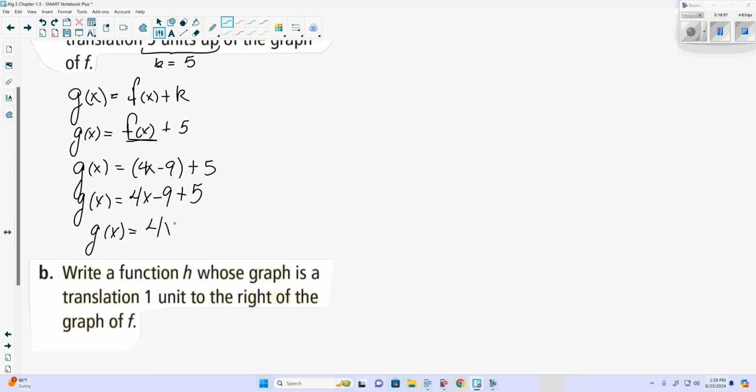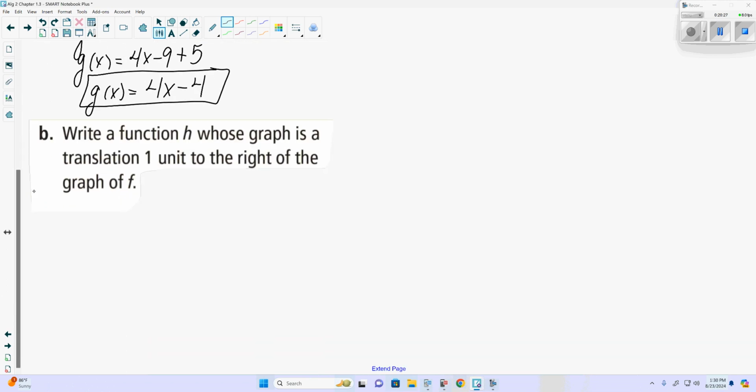Negative 4. And that's it. Questions on this so far? We feel good with everything so far. Okay. Let's move on to the next problem.